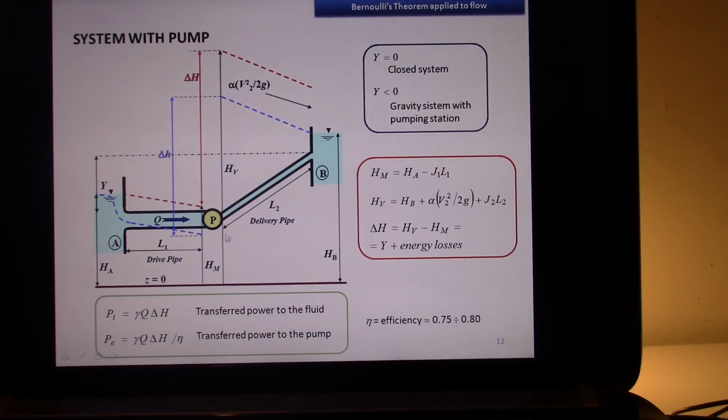Alright, so delta H, which is the increase of energy due to the presence of the pump, will be, if we want this to be higher than 0, HV minus HM, which is Y plus the energy losses.